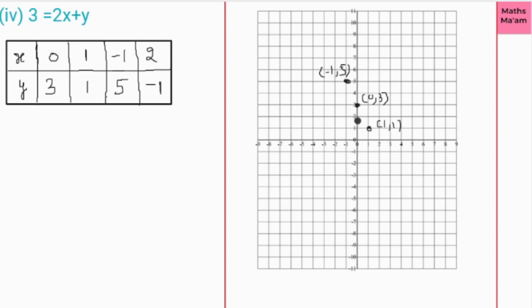Then we have (2, minus 1): 2 as positive on the x-axis, and minus 1 as negative on the y-axis. Now let's join these 4 points. As we join with the ruler, we'll get the straight line. It is 3 is equal to 2x plus y. So like this we can plot the graph of an equation.